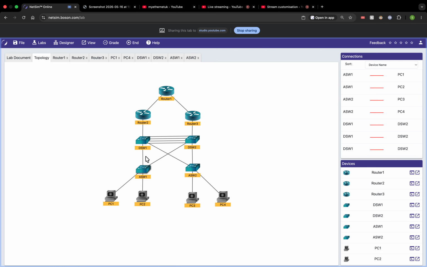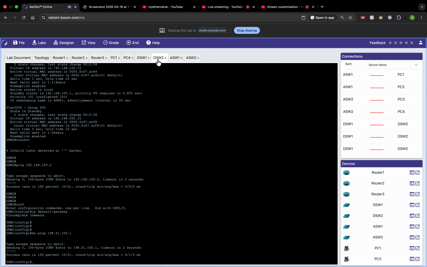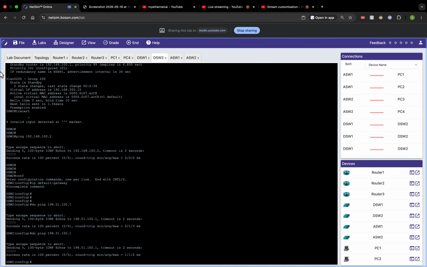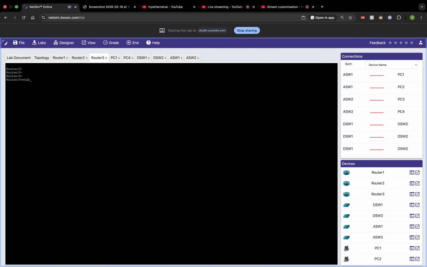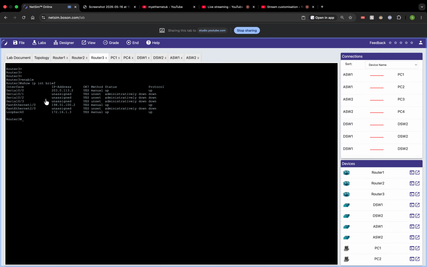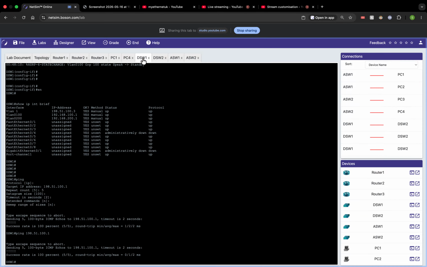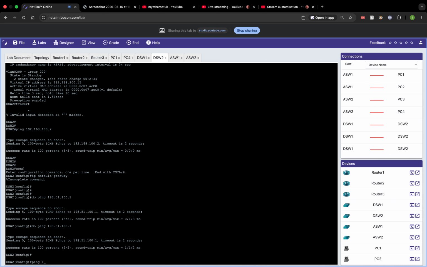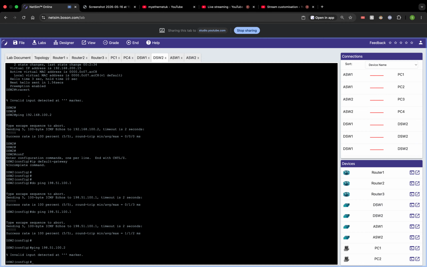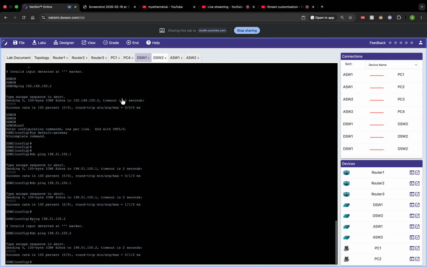So that's worked. Let's try from DSW2. Distribution switch 2 and distribution switch 1 can both ping router 2's FastEthernet 2/0 interface, 198.51.100.1.